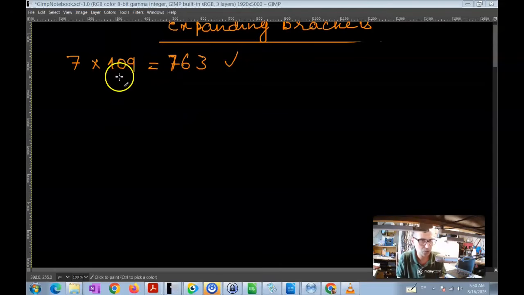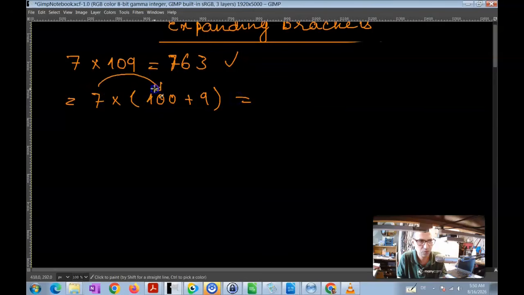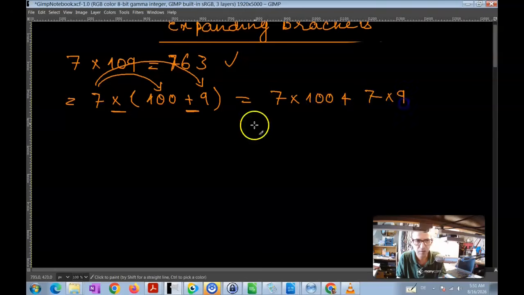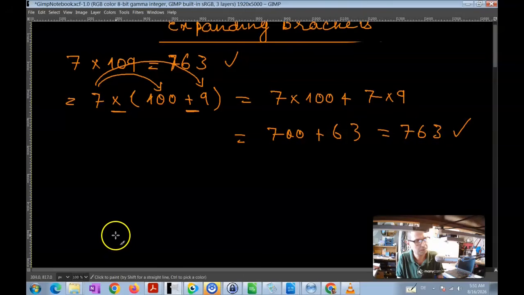Or you could actually use the brackets over here, as I did over here. You could write this as 7 times, and instead of 109, you write 100 plus 9, and again you can distribute. As you see, I have multiplication and addition, so multiplication distributes over addition. So you can write 7 times 100 plus 7 times 9, which is the same thing as 700 plus 63, which is equal to 763, right?